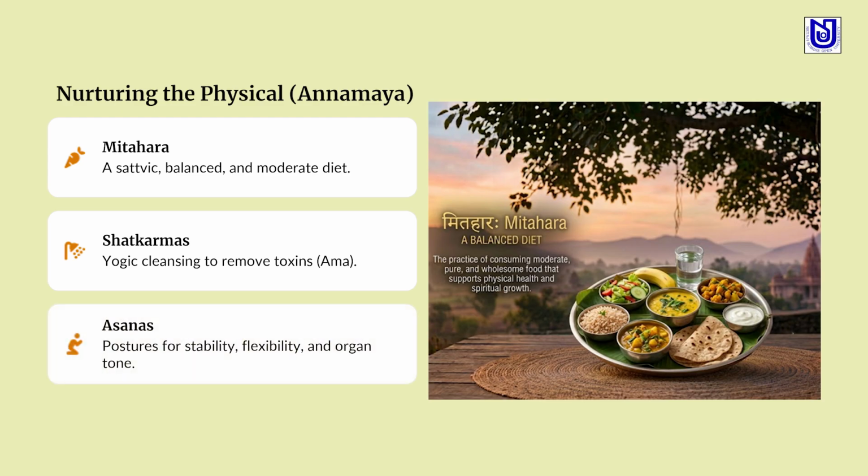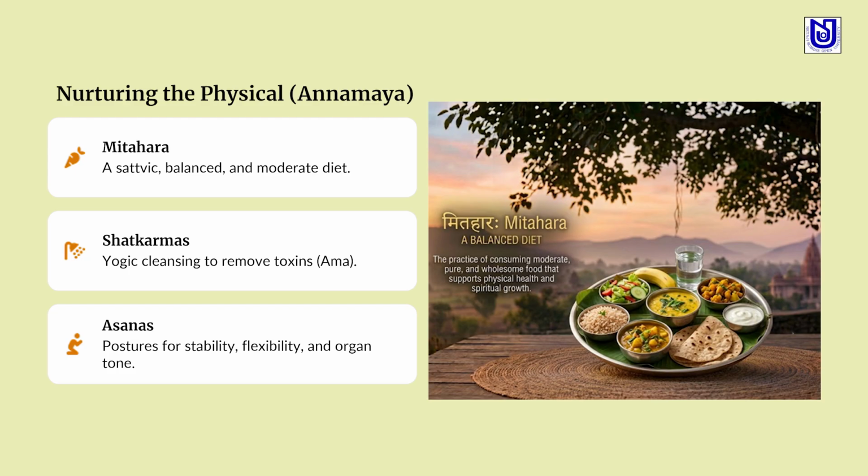Classical yogic thought classifies food, that is anna, through its effect on the mind into three qualities or gunas. These are sattvic, which are fresh, mild and nourishing food which can support vitality and calm the mind. Rajasic, which are bitter, sour, salty or spicy food which overstimulates the senses.